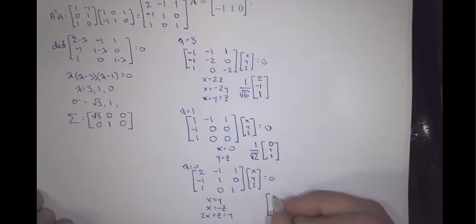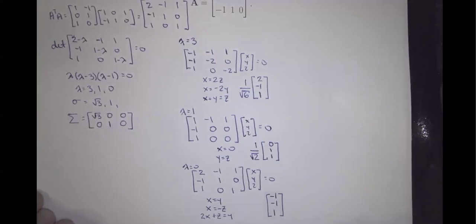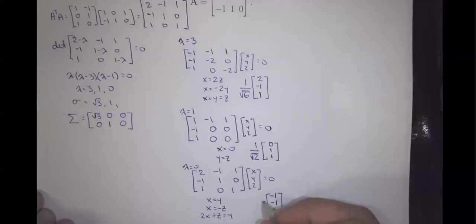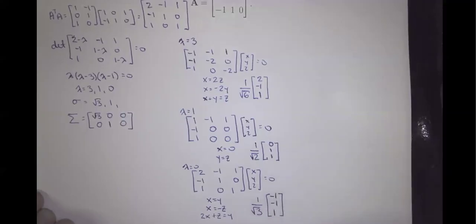That forces x to be the negative of that, so negative 1. And because x is equal to y, we get negative 1 there as well. And so 1, 1, 1 is 3, so 1 over root 3 times that vector.